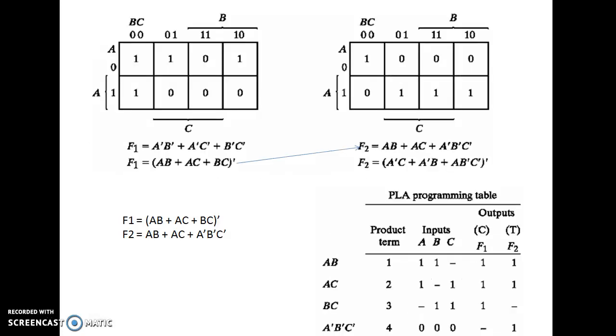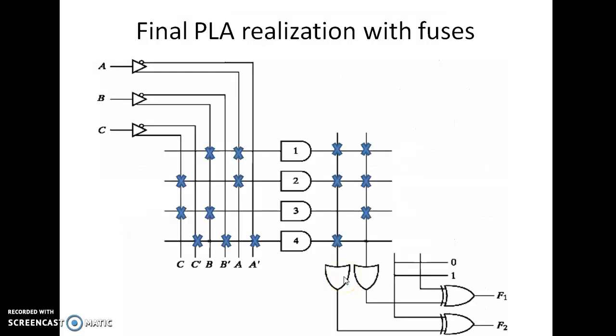So here F1 in complemented format and F2 in true format is selected, and form a table accordingly. If F1 requires AB, you put a cross mark in the table, right?